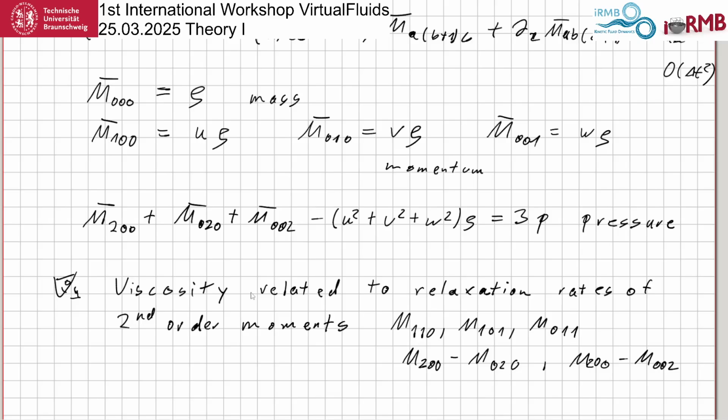And this trace here is not related to the shear viscosity, but to the bulk viscosity of the fluid. If you have an incompressible fluid, which to leading order you have here, this does not appear in the Navier-Stokes equation.